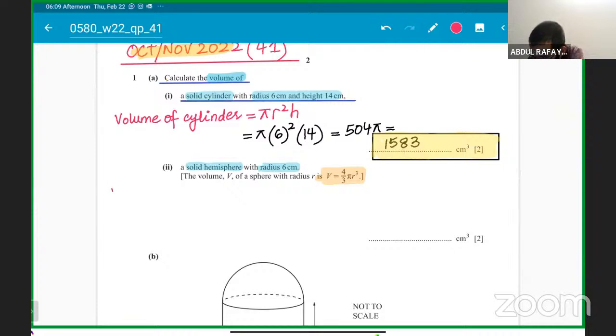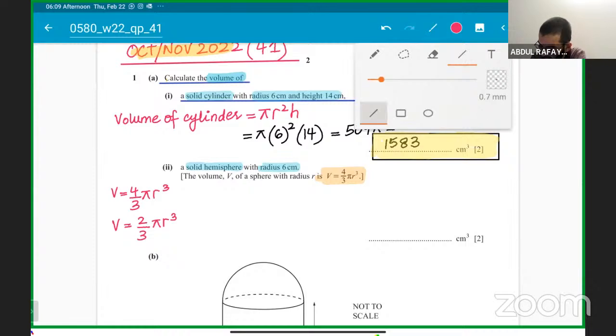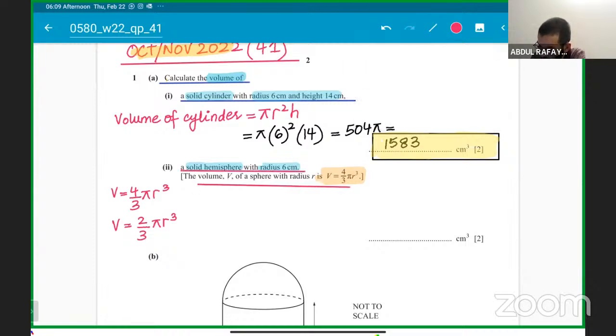Understand that the volume of a sphere is 4 over 3 pi r cubed. So for the volume of the hemisphere, it will be divided by 2, so it will be 2 over 3 pi r cubed. The volume of a complete sphere is 4 over 3 pi r cubed, but the hemisphere is half a sphere.